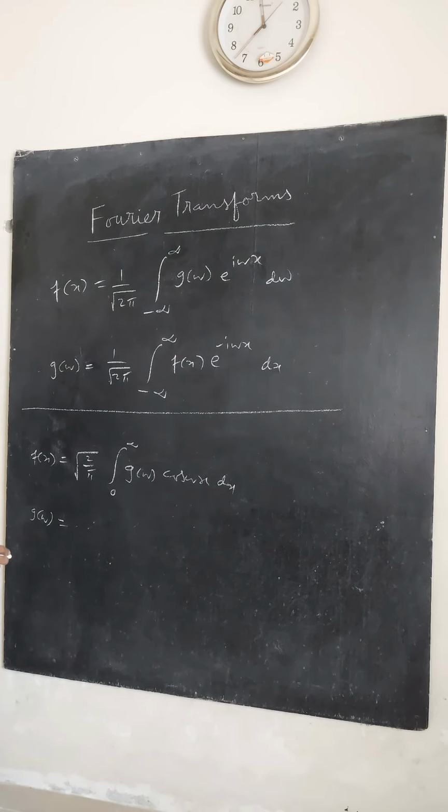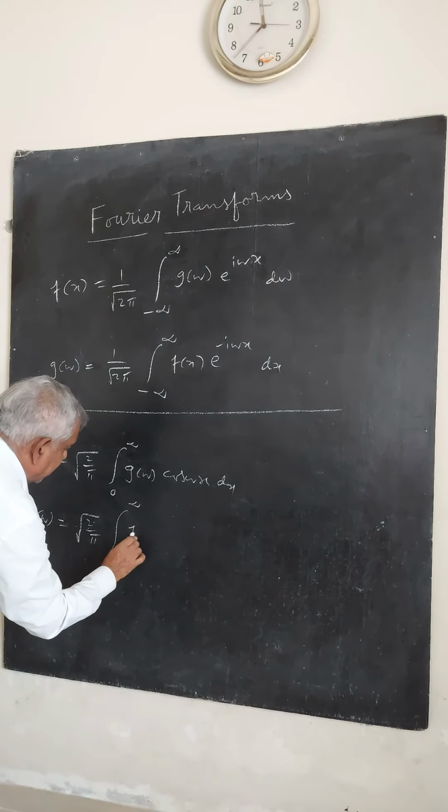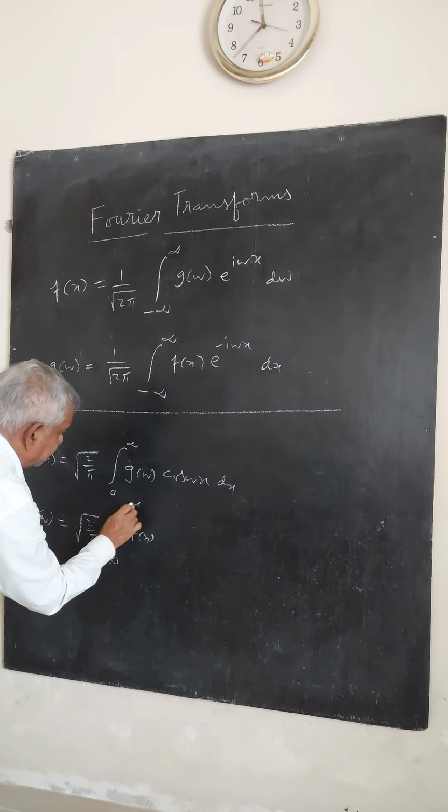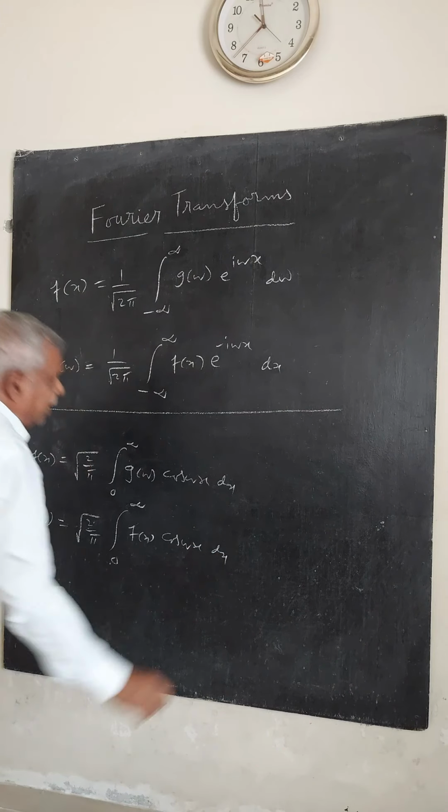G omega equal to root of 2 by pi, integral from 0 to infinity, f of x cos omega x dx.